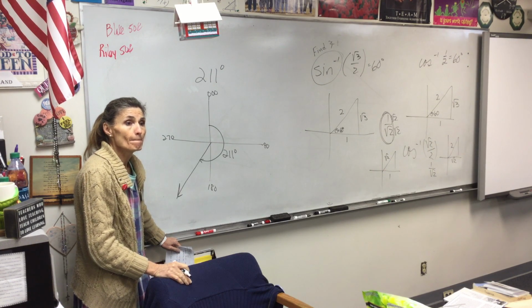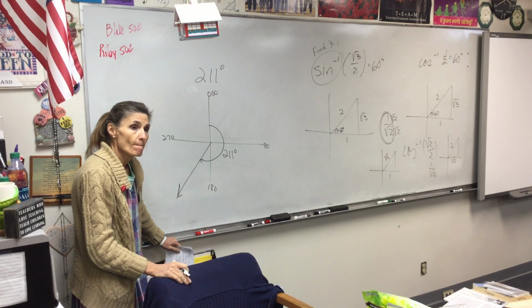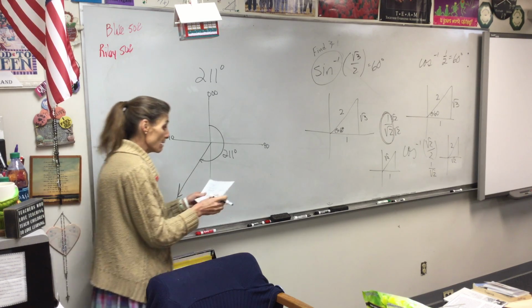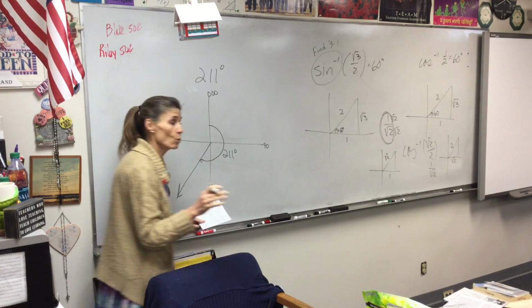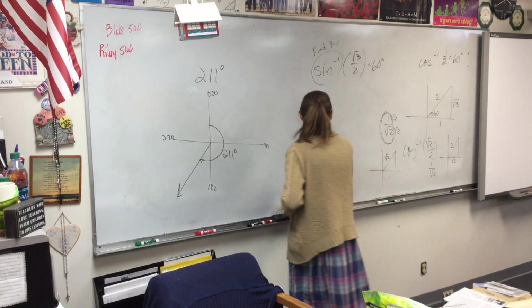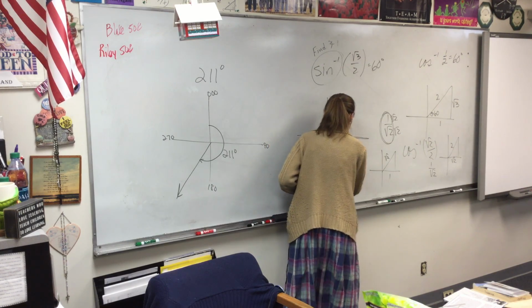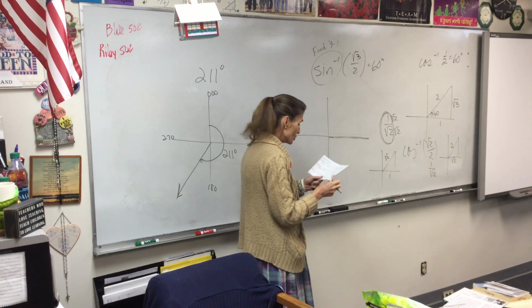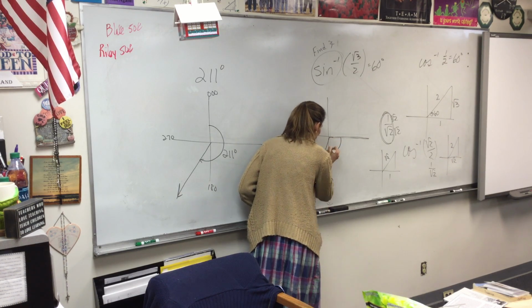Mahela? For quiz 1, it was negative 100 degrees. Now quiz 1 didn't say draw a course. Quiz 1 said draw an angle. When we draw an angle, we start here. So negative 100 would look like this.